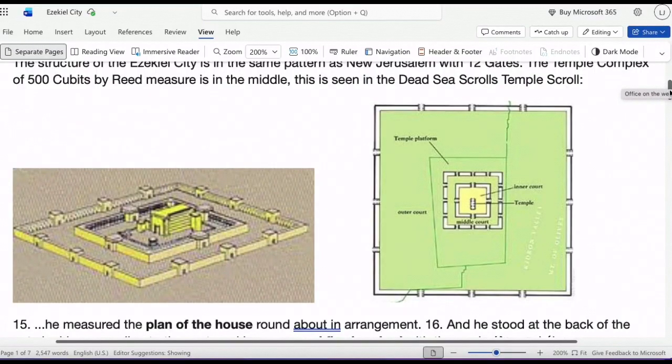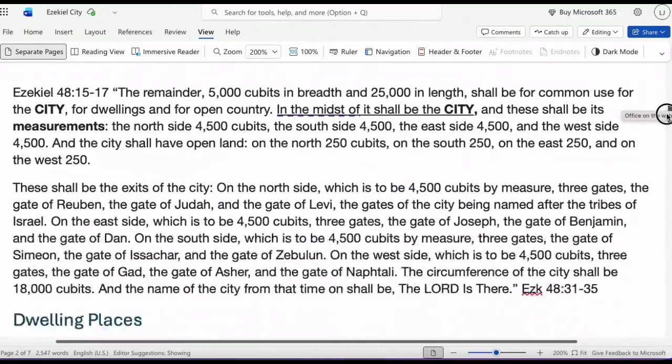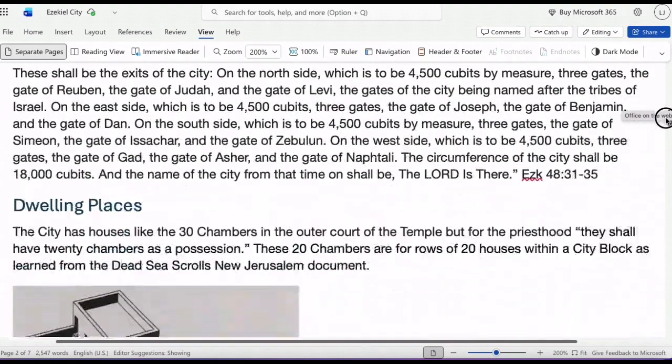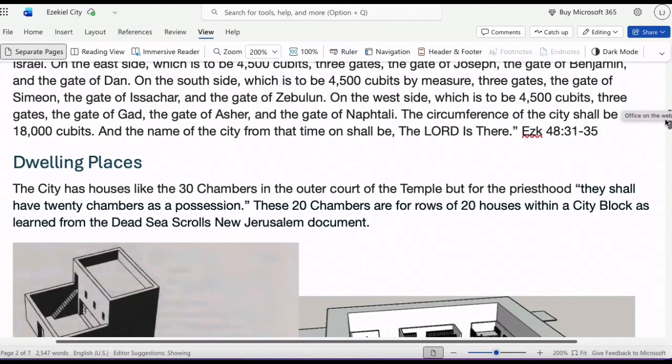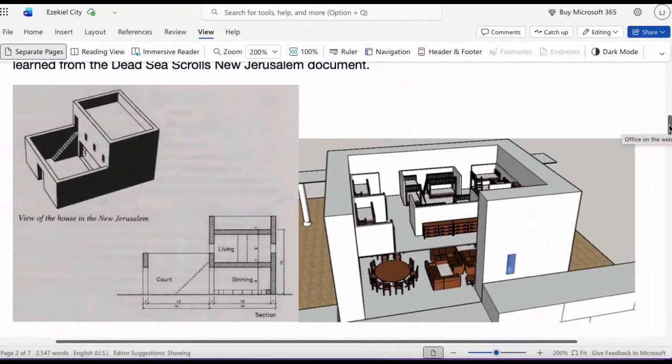We understand that the temple is in the middle of the city, made clear by the Dead Sea Scrolls. We have the dimensions of the city, and from the measurements that the city is in the midst, we have the dwelling places, so that each house and dwelling place lines up with that which we have also seen with the 30 chambers and their similar functions.